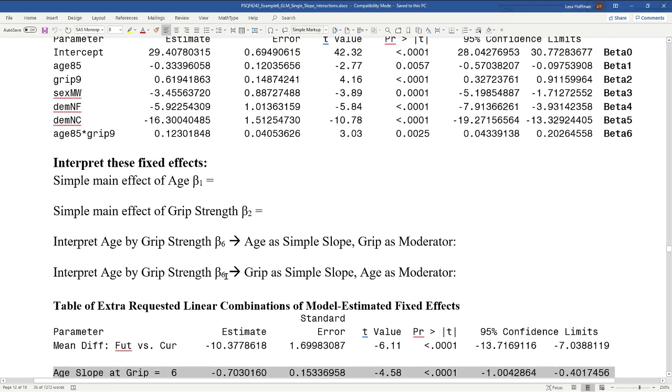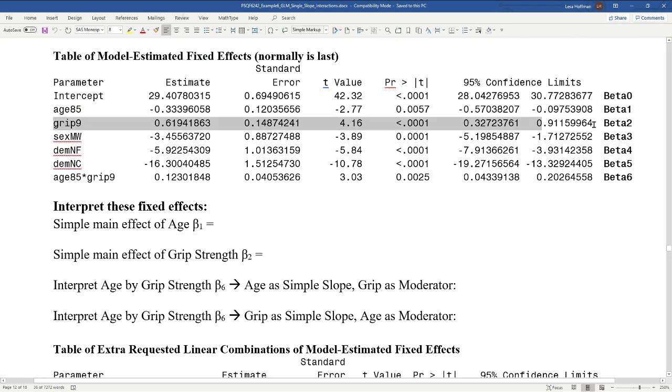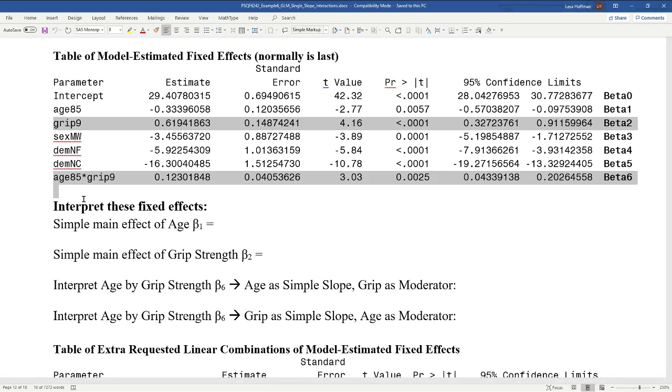If we go the other way, let's start with grip as the moderator, which has a positive significant slope of 0.62. That is specifically for somebody who is 85. With age as the moderator then, we would say that that positive grip strength slope of 0.62 for an 85-year-old becomes significantly more positive by 0.12 per year of age.